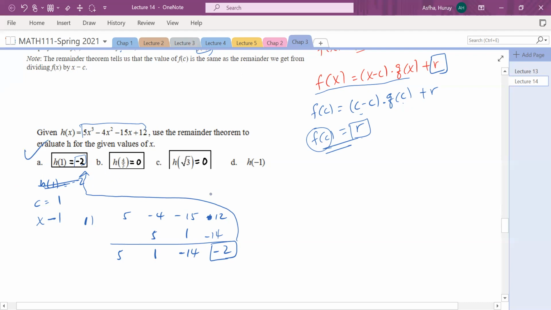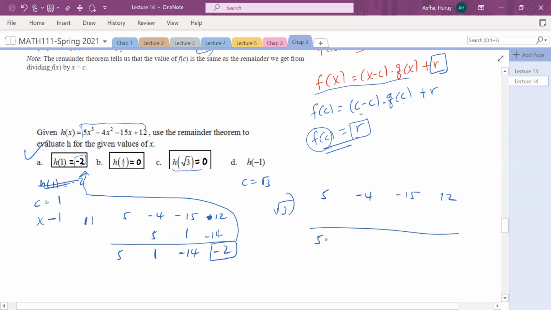How about this one? Or maybe I will skip this and come to this one. And h of √3 equals 0. So if we divide, here our c is √3. If we divide the polynomial by x minus √3, the remainder has to be 0. Therefore, using synthetic division, let's again write the coefficients. And this is our c.